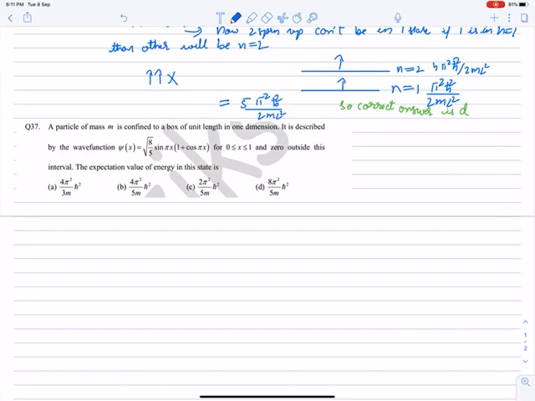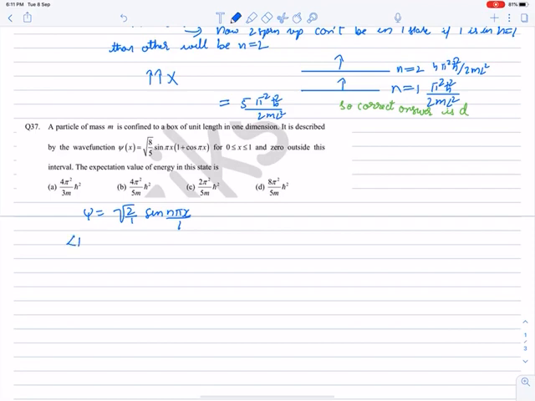So what we will get is psi equal to under root 2 upon 1 sine n pi x upon 1. So this is the case. Now how is the expectation value of energy calculated in operator form?